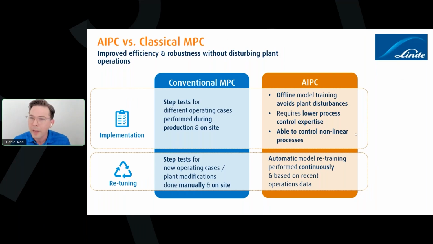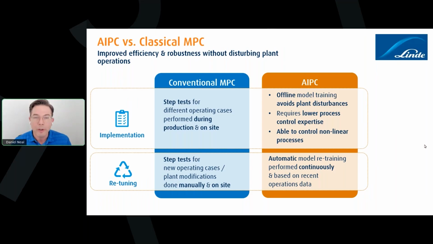So AIPC versus classical MPC. For us, and for the software, it really boils down to the engineering involved and the step testing. For model development for conventional MPC, the traditional way to approach that is through step tests.